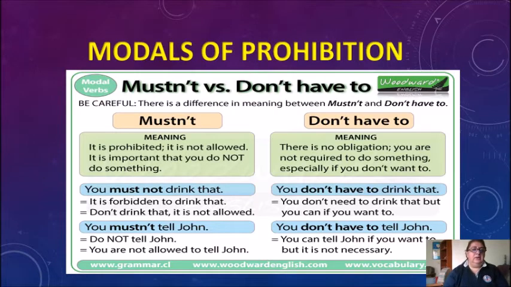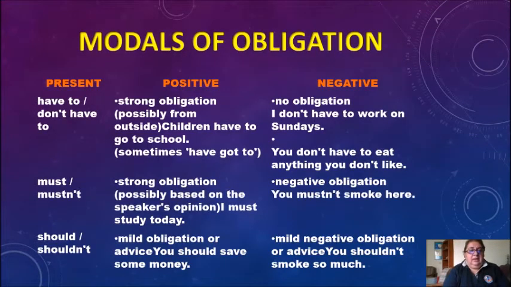And the other one is the modals of obligation. We are going to use have to, don't have to, must, mustn't, should, or shouldn't. If you are using it in a positive form, it is a strong obligation, possibly from outside.